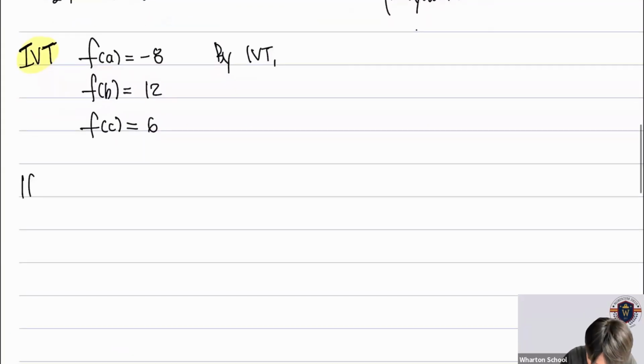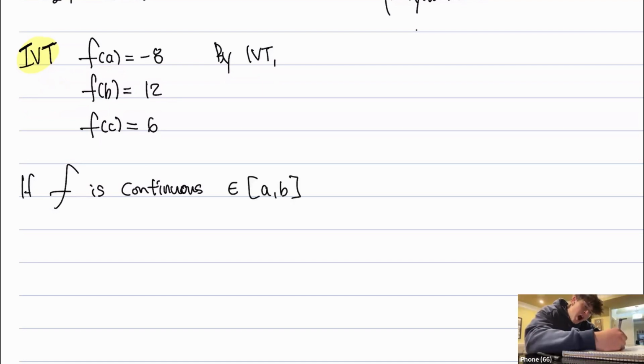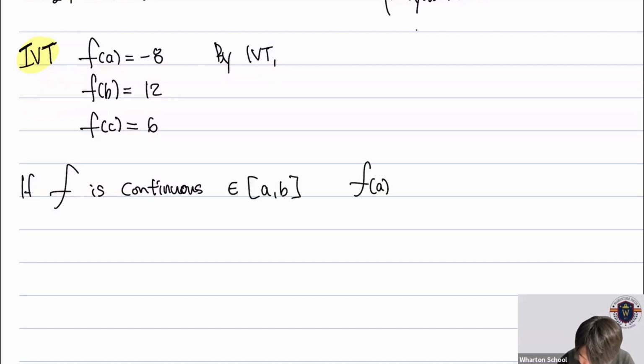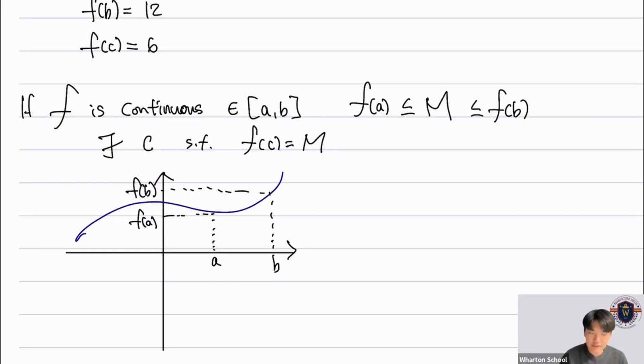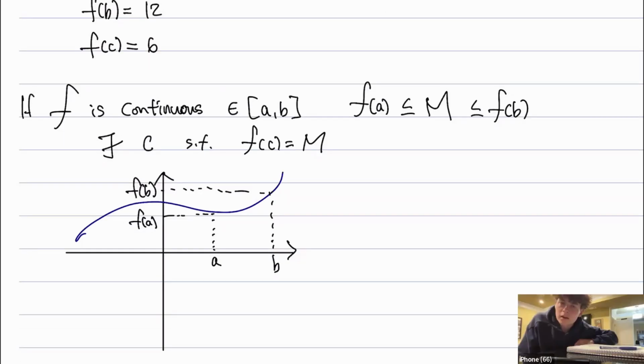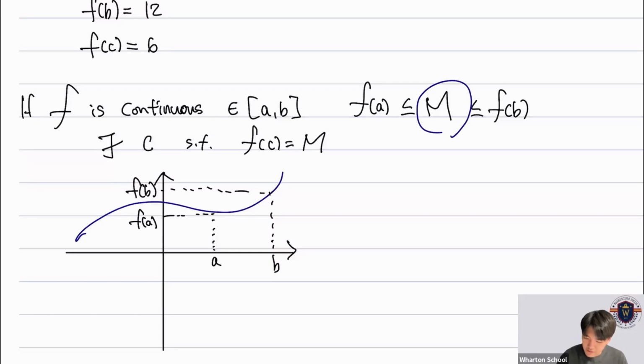Again, if f is continuous in this interval a and b, and let's say there is one value m in between f of a and f of b, then there exists c such that f of c is equal to m. Does this graph make sense? Let's say this is m.